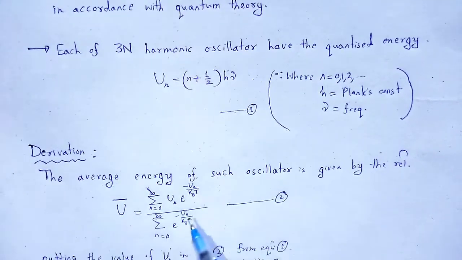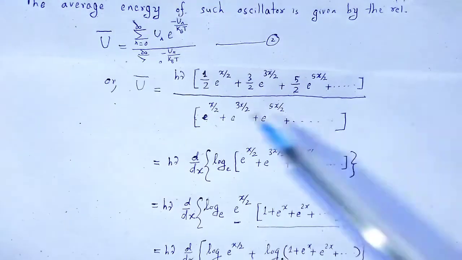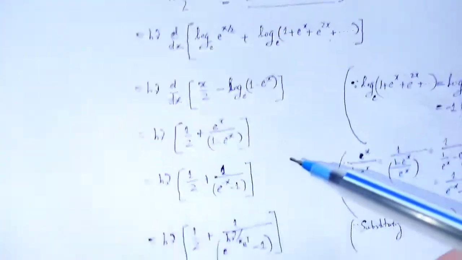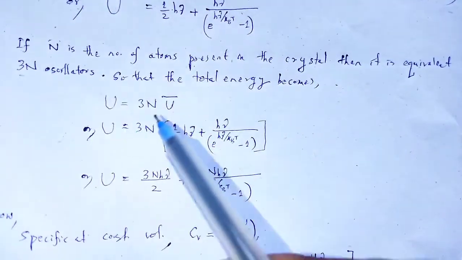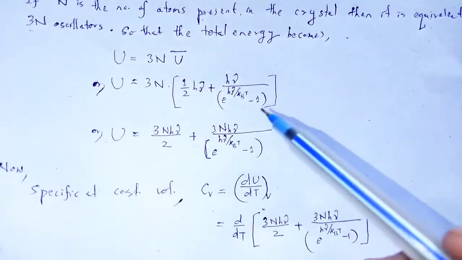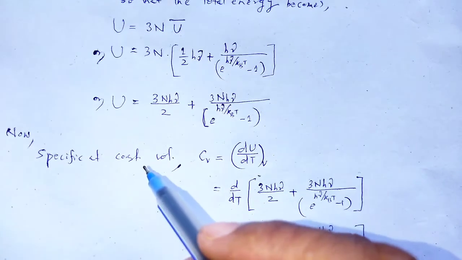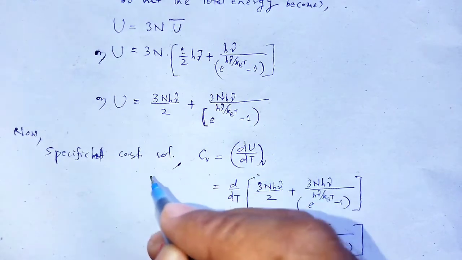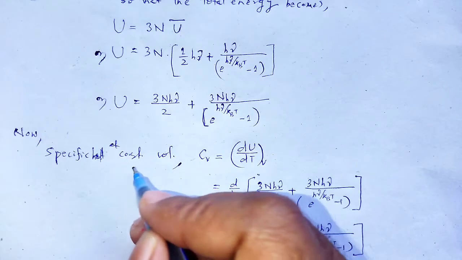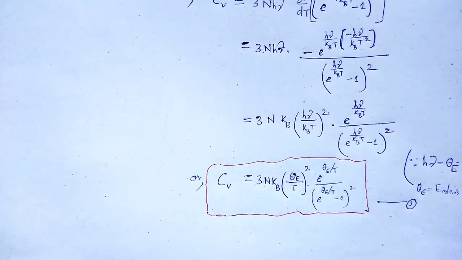So mathematically we showed, taking the average energy of the oscillator and expanding the terms, the average energy, next the total energy 3n into the average energy, and next the specific heat at constant volume Cv.